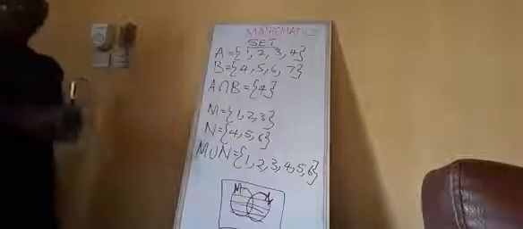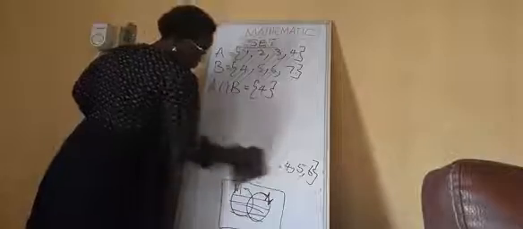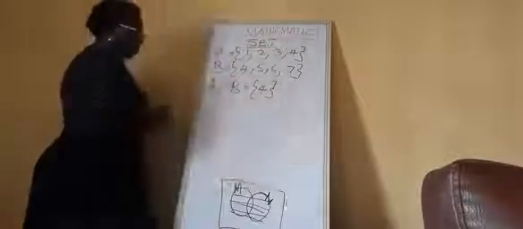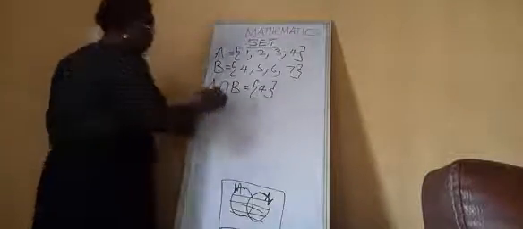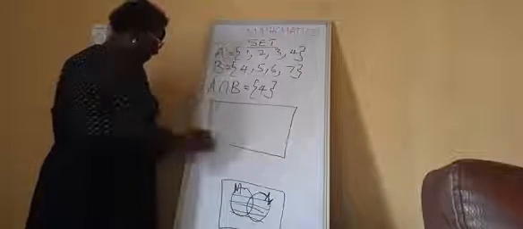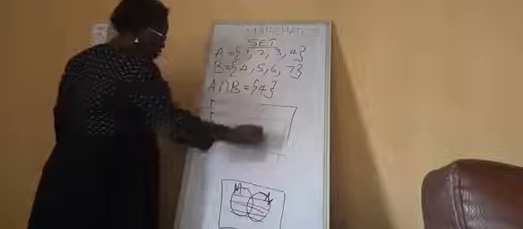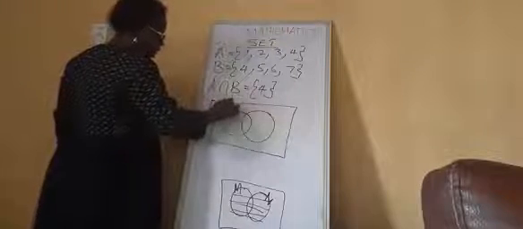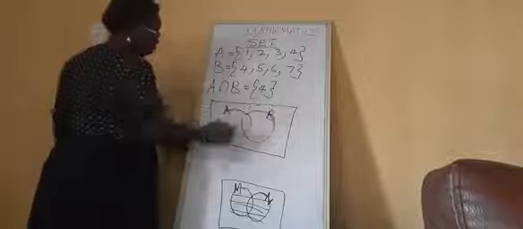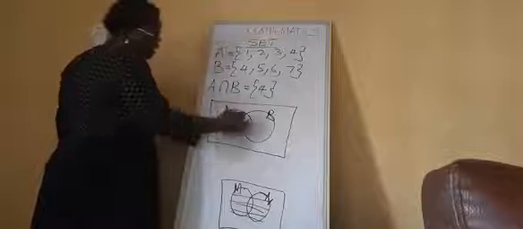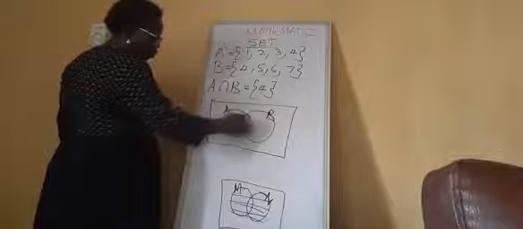And to draw the Venn diagram, this is how you are going to draw it. This is for A and this is B. This is for A, set A, this is for B. The relationship between them, what is common to both of them will be here.